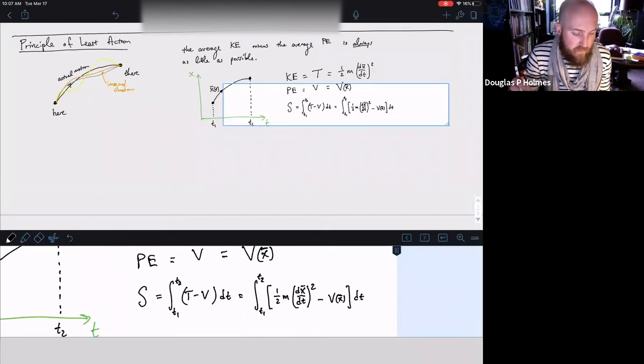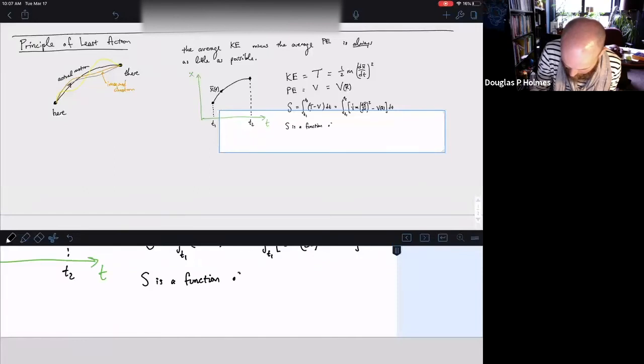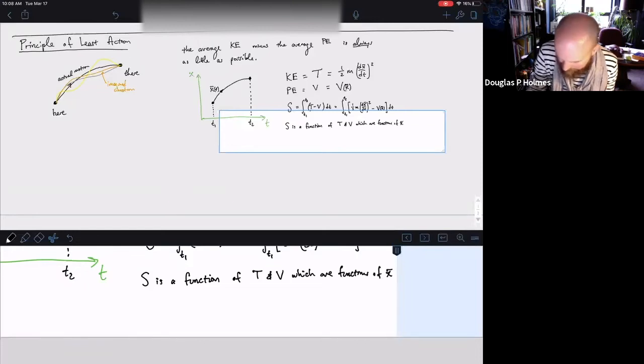And the reason why this is a problem is because we don't have functions. We have a function of a function of a variable, and that's more complicated. So the action S is a function of t and v, which are functions of x bar.